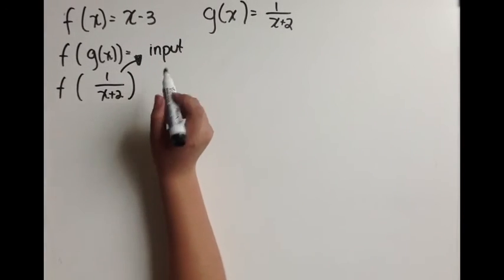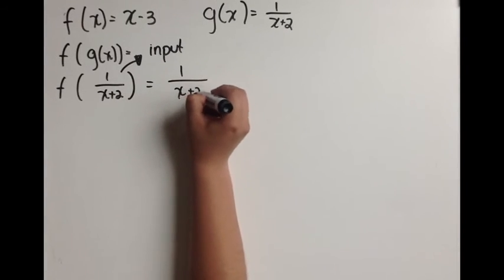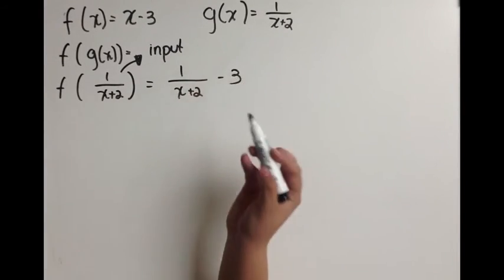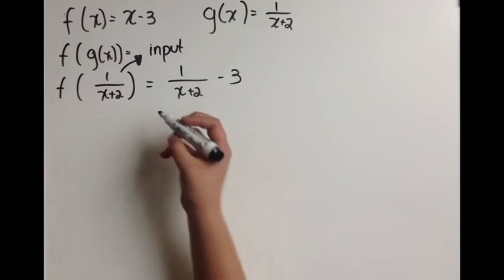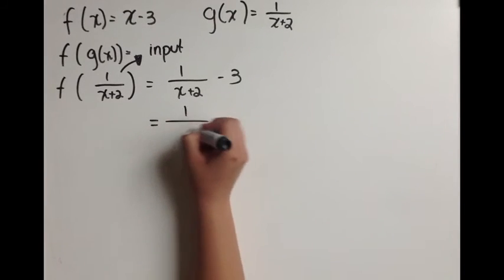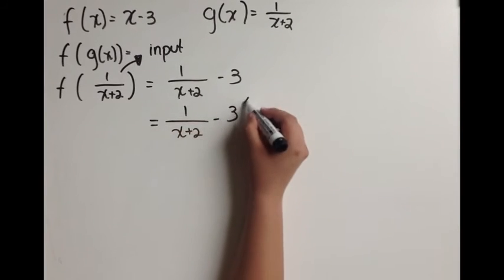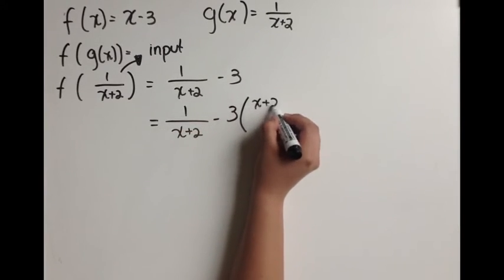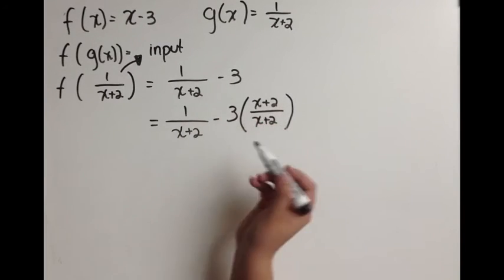Now we will substitute the input in f of x, and we will get 1 divided by x plus 2 minus 3. To simplify our function, we need to multiply the minus 3 by the denominator of the input. So we will have 1 divided by x plus 2 minus 3 times x plus 2 divided by x plus 2.